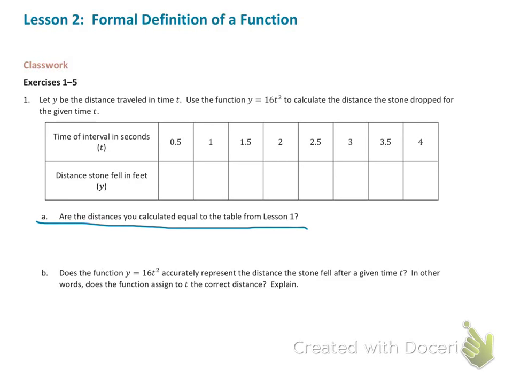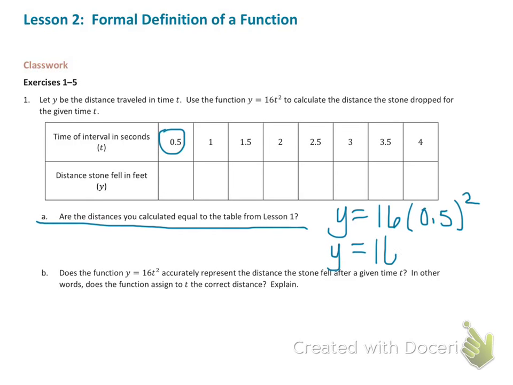Okay, and you can look back to the table earlier in this lesson, or you have it in your notes. So what we want to do is evaluate this function. So y is equal to 16 t squared. And if I want to evaluate for 0.5 seconds, I want to evaluate 16 times 0.5 squared. Now you can punch that into your calculator, and that's fine, but I'm going to do it without that.